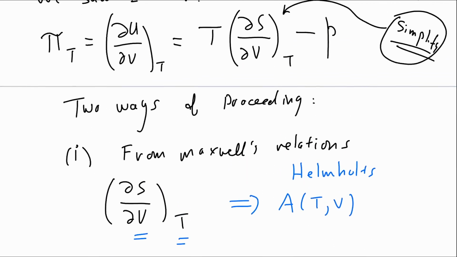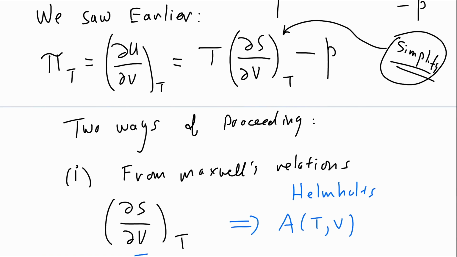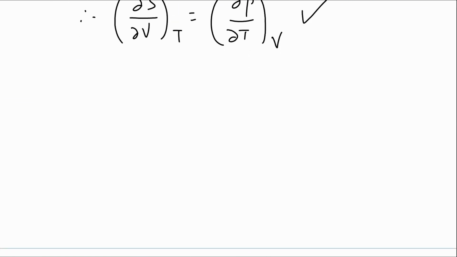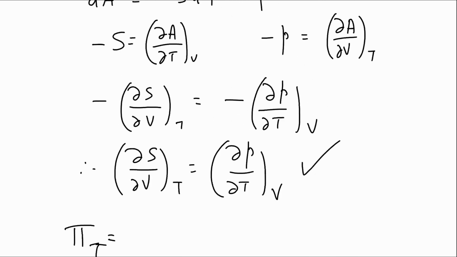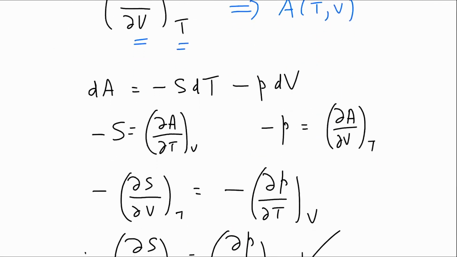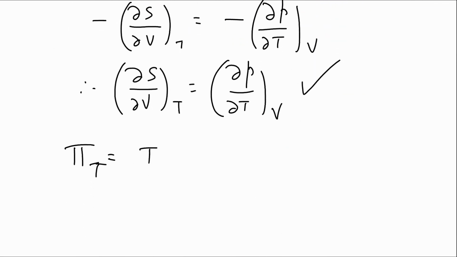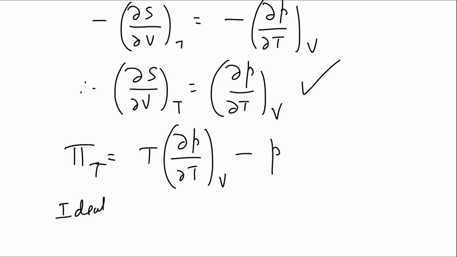So I need to go back and say pi sub T equals, let me get it right, T times partial P partial T at constant V minus P. So let's check the ideal gas.